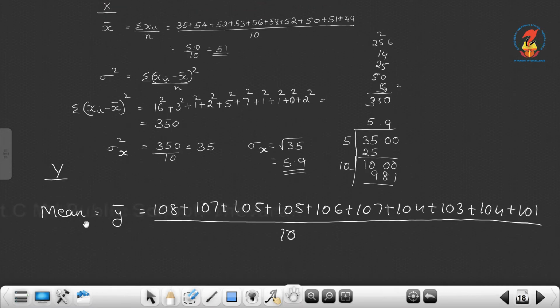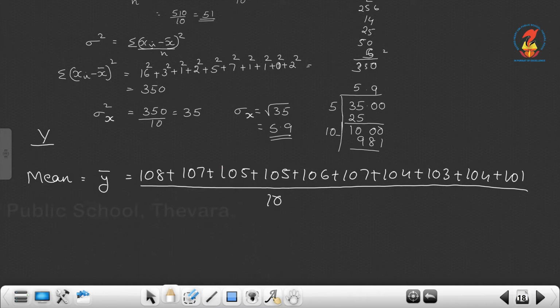So that is 1000 and something, adding the extras: 8, 15, 20, 26, 31, 38, 42, 45, 50, so it is 1050. 1050 by 10, that is 105, is the mean.